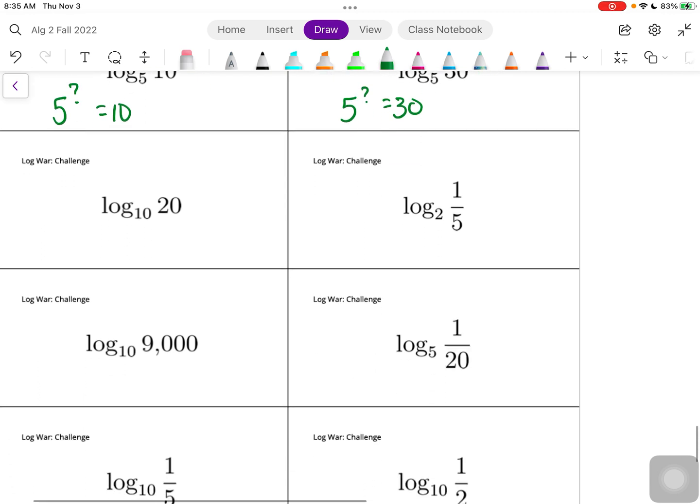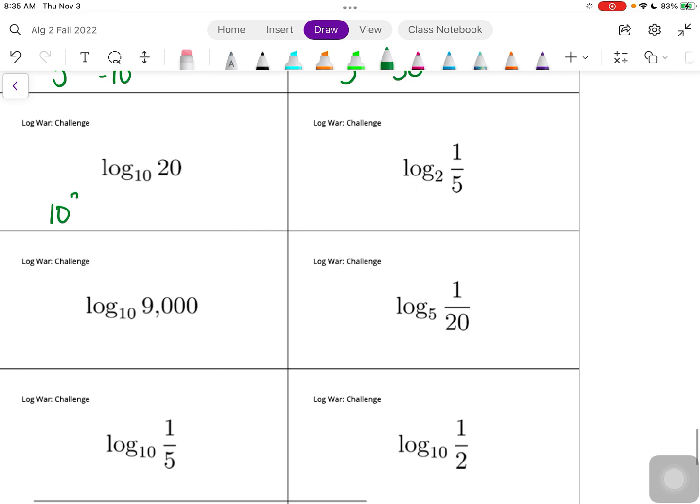And then we have 10 to the what is equal to 20. Again, 10 to the first is equal to 10. 10 squared is equal to 100. So it's somewhere between 1 and 2, but closer to the 1 than the 2. Then we have 2 to the what is equal to 1/5.